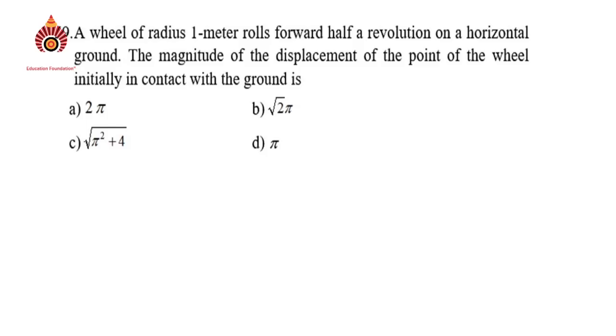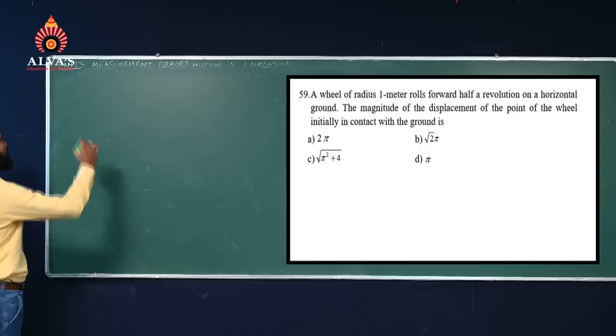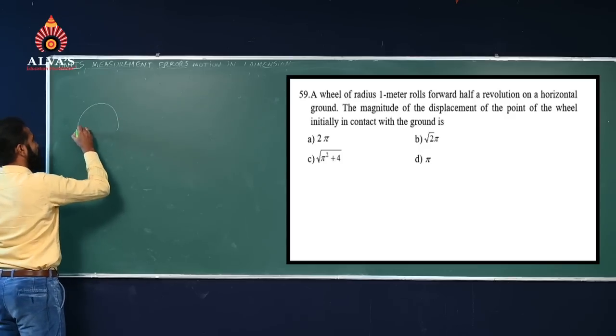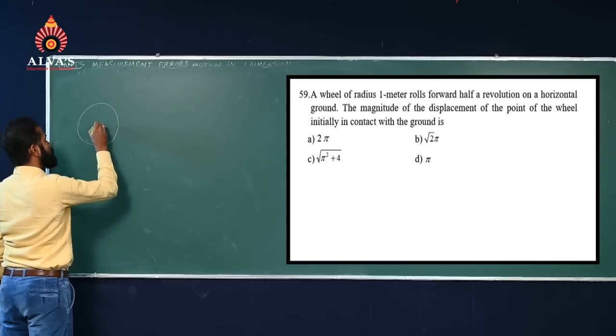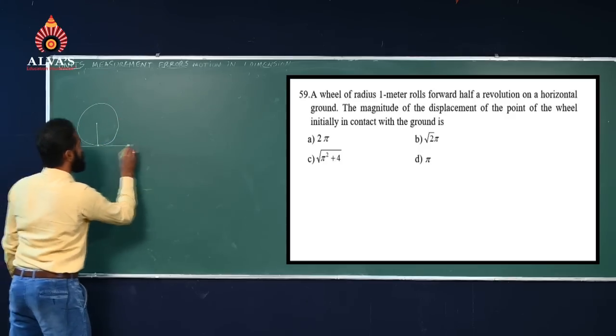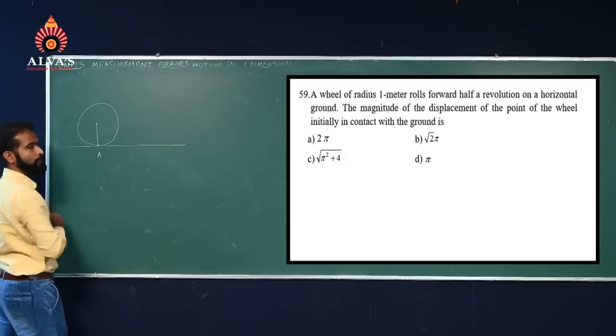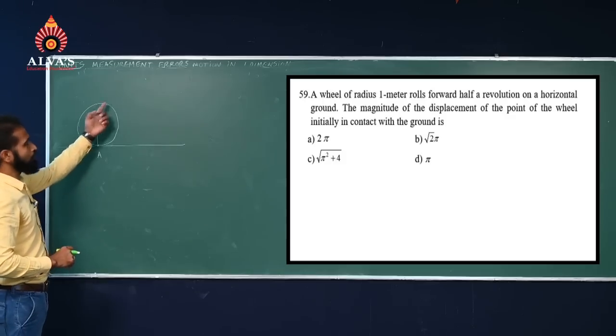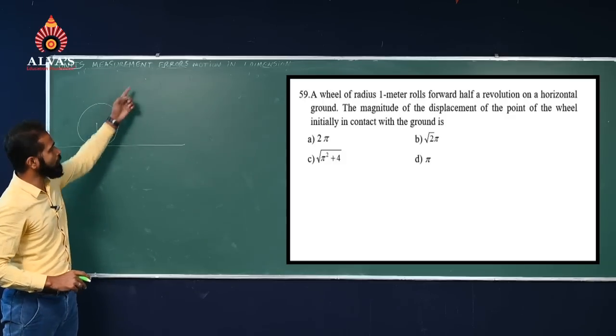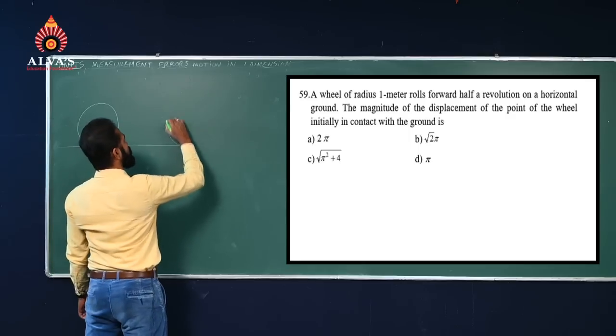Next, question 59. A wheel of radius 1 meter rolls forward half a revolution on a horizontal ground. The magnitude of the displacement of the point of the wheel initially in contact with the ground is. So consider a wheel, and here the bottommost point of this wheel A is in contact with the ground, and given that this wheel rotates for a half of revolution and it comes to a new position.